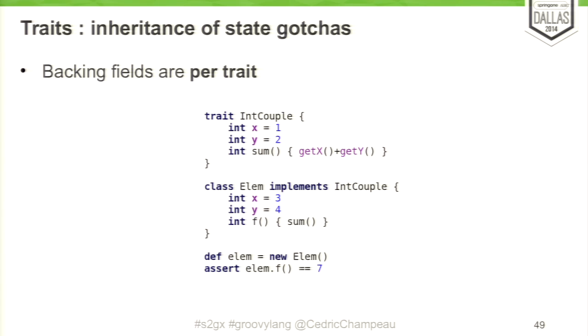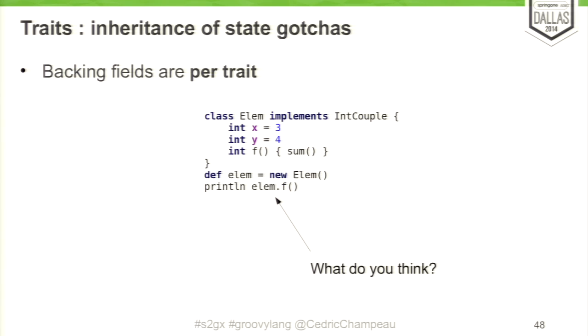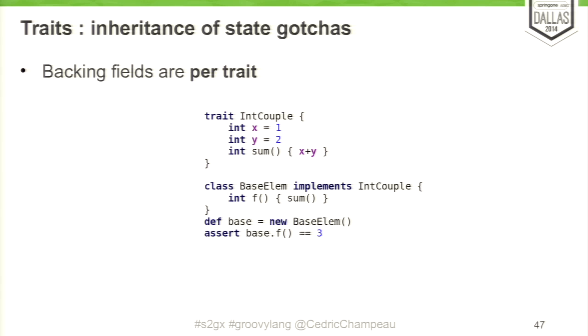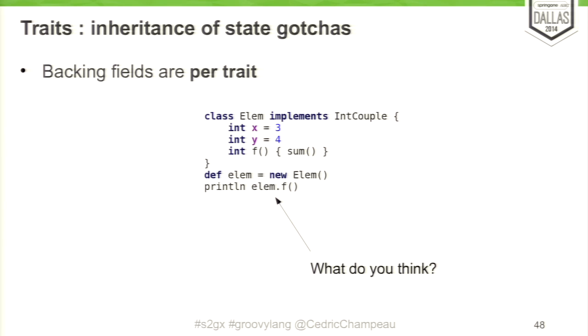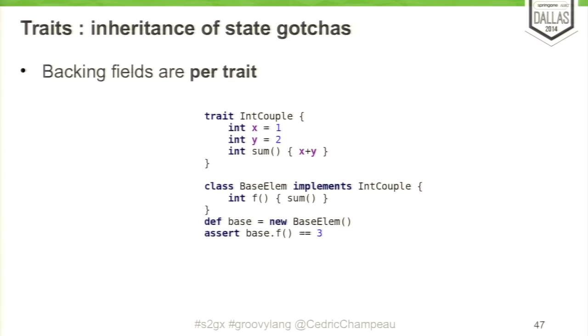If you want 7, you have to write it. It will not. It will use, actually, sum defines those properties. So x and y uses those ones. It uses the fields from the trait itself. So if you call sum, it's the method sum from the trait. So using x and y from the trait.